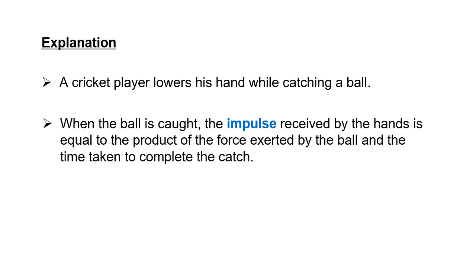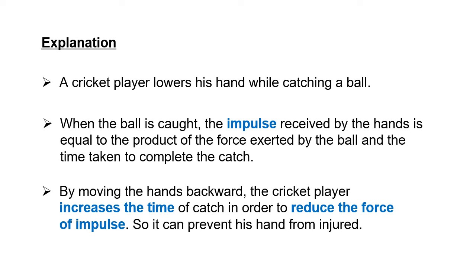When the ball is caught, the impulse received by the hands is equal to the product of the force exerted by the ball and the time taken to complete the catch. By moving the hands backward, the cricket player increases the time of catch in order to reduce the force of impulse, so it can prevent his hand from being injured.